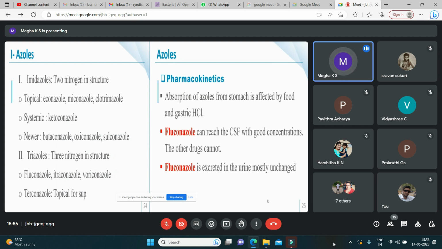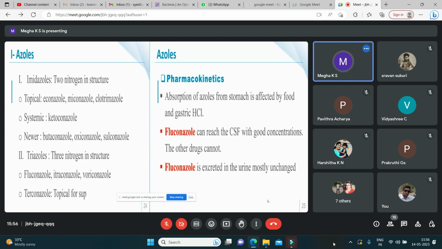Imidazoles consist of two nitrogens in their structure: topical econazole and miconazole, systemic ketoconazole. Triazoles consist of three nitrogens in their structure: fluconazole, itraconazole, and tioconazole, which is a topical.